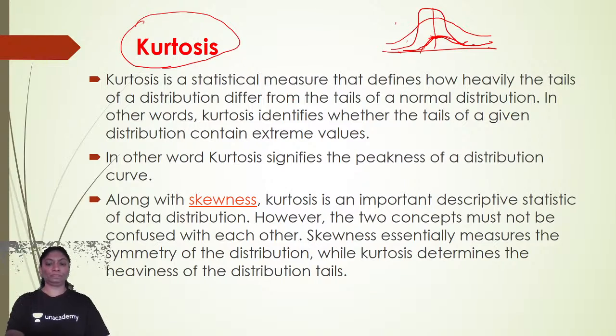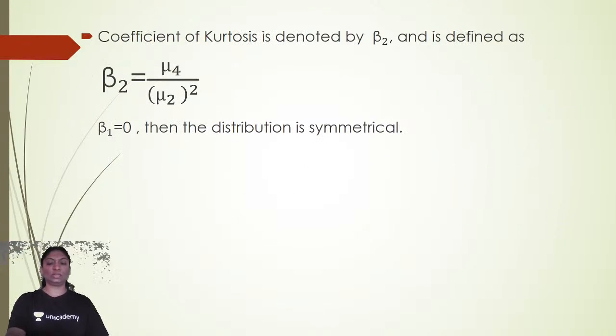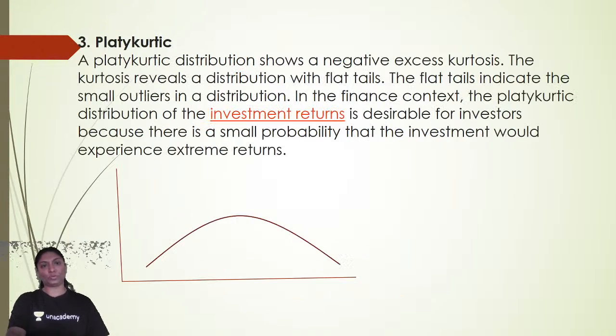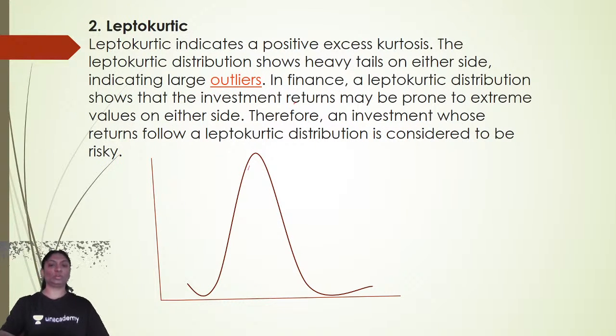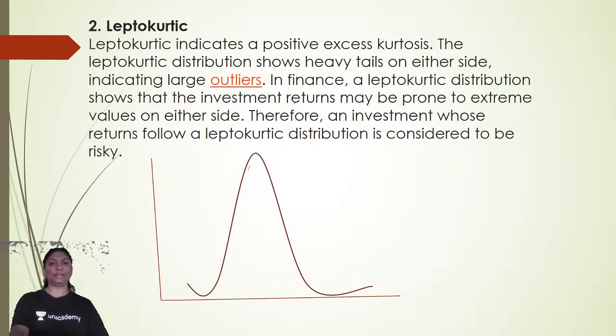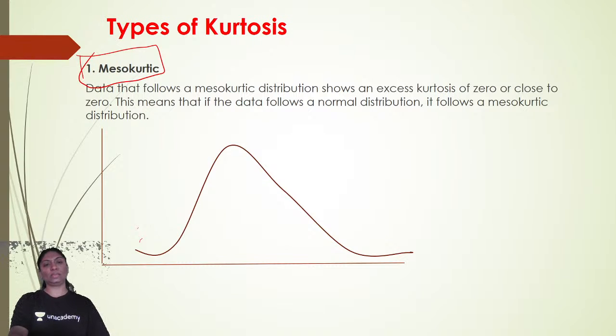If the thickness is more, then the kurtosis is leptokurtic. If the thickness is a little bit flat, then the kurtosis is platykurtic. If the thickness is equal to the normal distribution, then the kurtosis is mesokurtic.